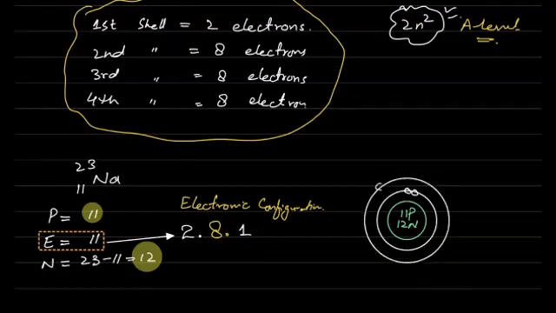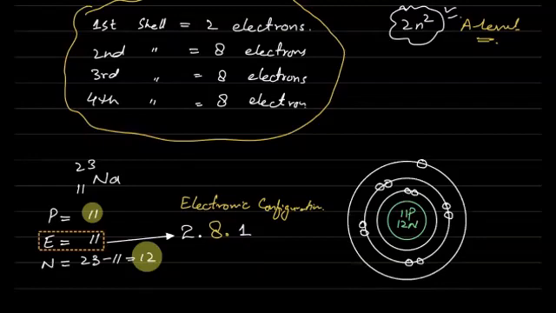Try to draw the electrons in pairs. Don't draw the electrons singly. The third shell has the last electron. This is known as the outermost shell, the valence shell. The electrons in the valence shell are known as valence electrons.